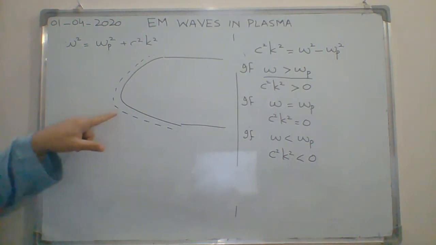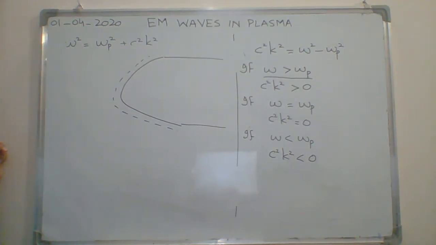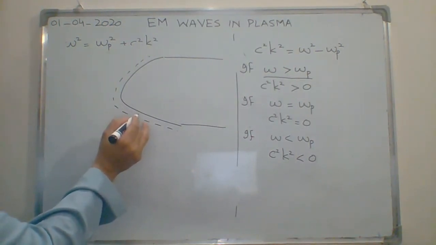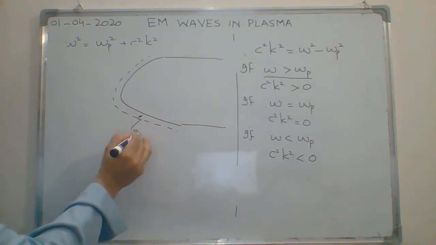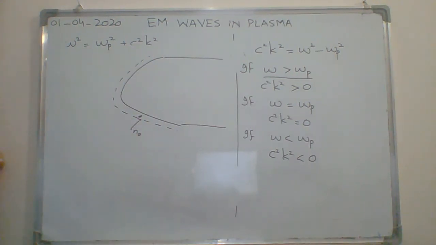Now, when we are trying to communicate with this re-entry vehicle, the plasma created here, we don't know about the density here. What kind of density has been created, and what kind of plasma is it?